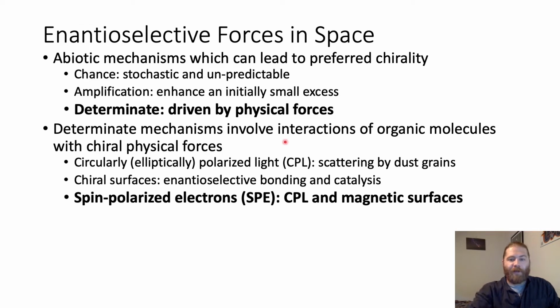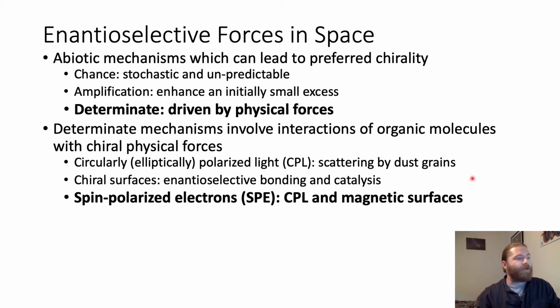Different determinant mechanisms which have been explored that induce enantiomeric excesses in organic molecules include, first, circularly polarized light, where light from ionizing radiation such as UV light from distant stars can obtain a circular, or actually really an elliptical, polarization as it passes through dust clouds on its way towards our solar system.